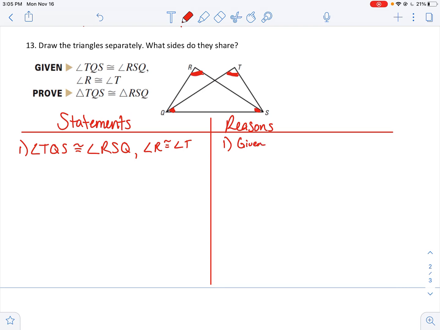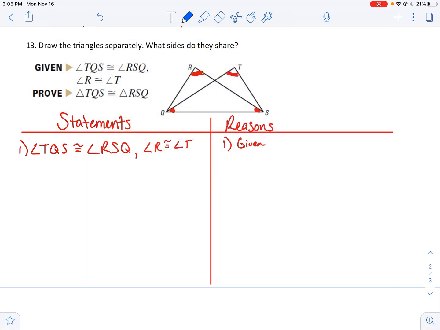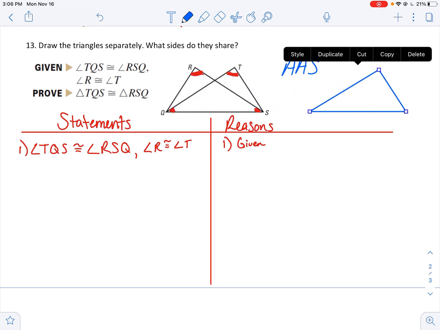So that's given information. And what are we trying to prove? We're trying to prove this is congruent by angle, side. And here's my triangle, TSQ.